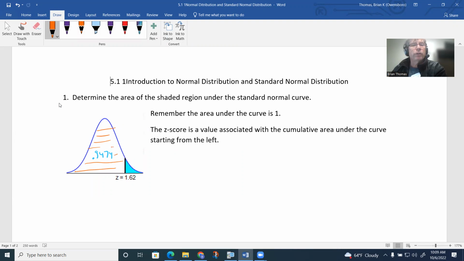What I want to know is what this area is over here. But remember the area under the whole curve is 1. So if I take the difference between the 1 and the area under the left side, that is going to give me my area under the curve to the right. So 1 minus the 0.9474 gives me the area to the right of the z-score.